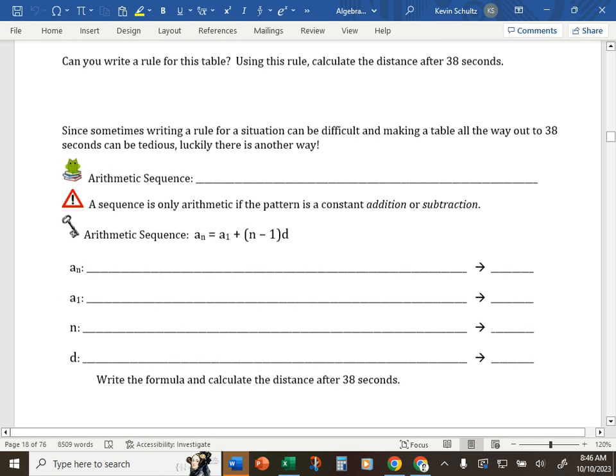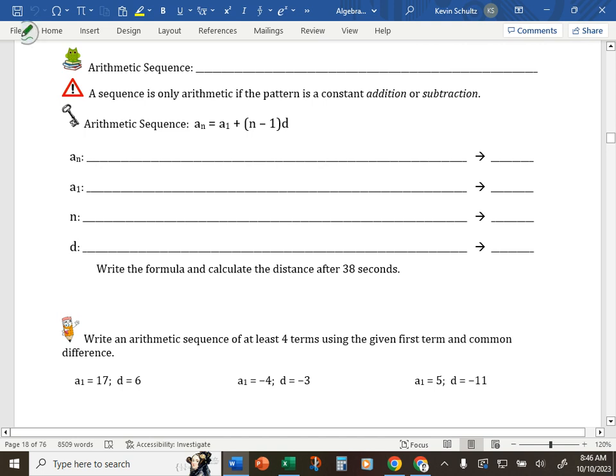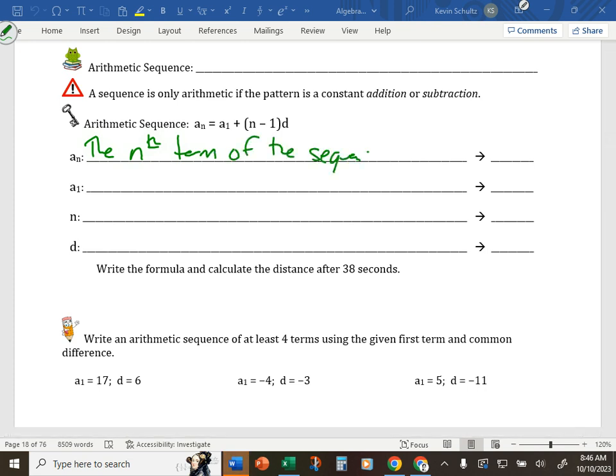So the a_n represents the nth term of the sequence. Basically, it's the answer. We were interested in the 38th term. Maybe I asked you for the 50th term, the 61st term, the 17th term. Whatever term you are trying to find, that's why we use n, because we can use this to find any number in the sequence.